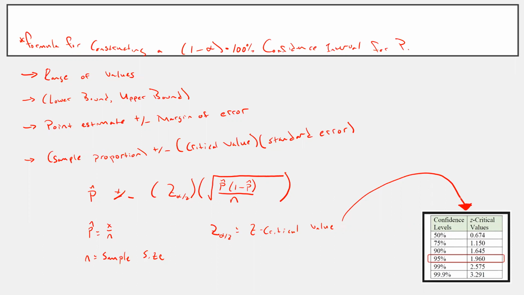Anybody? If I say I want a 95% confidence interval. Thanks, Jamie. Yeah, it would just be this number right here. If I say I want a 99% confidence interval, it would be 2.575 and so on. So it's just those numbers straight from the table.